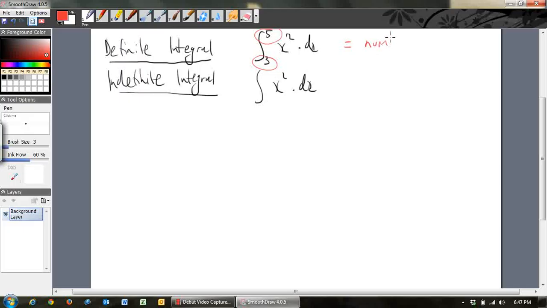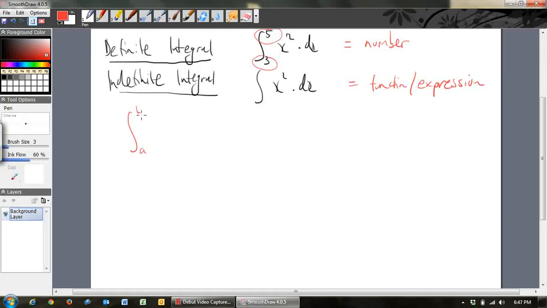So with a definite integral you get a numerical answer. With an indefinite integral, you'll get some function or expression. That's the difference between those two.